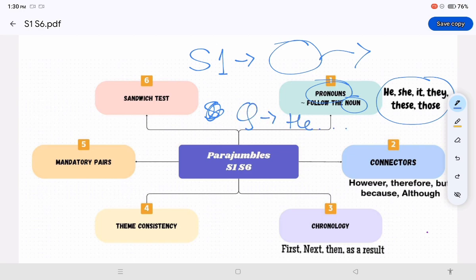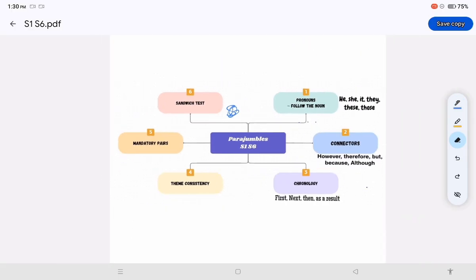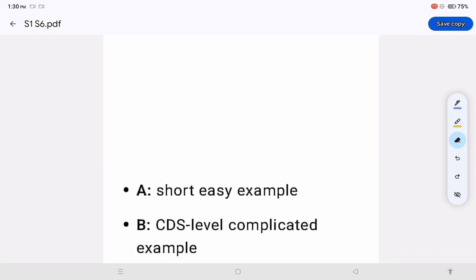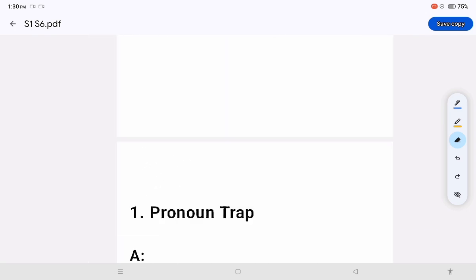So either in sentence 1 there needs to be something which he refers to, or there must be, out of P, R and S, a sentence in which the broader perspective of he is described. Now how will I explain this in short? We are going to take one easy example each and then one complicated example.